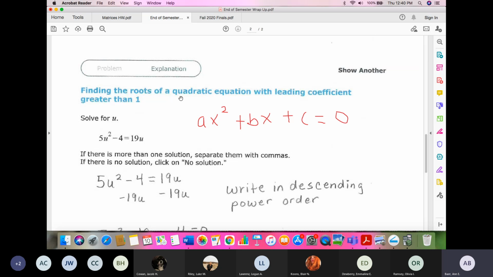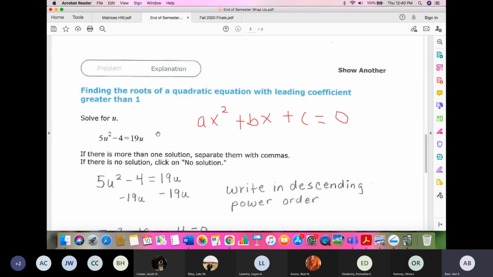This is finding the roots of a quadratic equation with leading coefficient greater than 1. Solve for u. 5u squared minus 4 equals 9u.